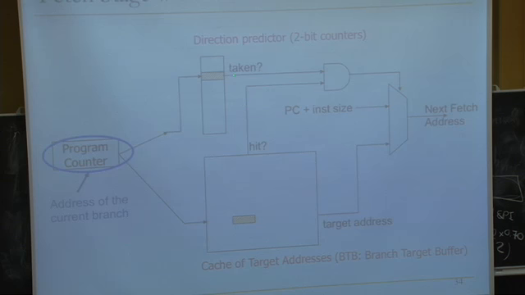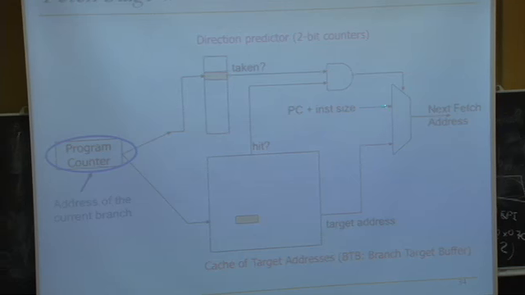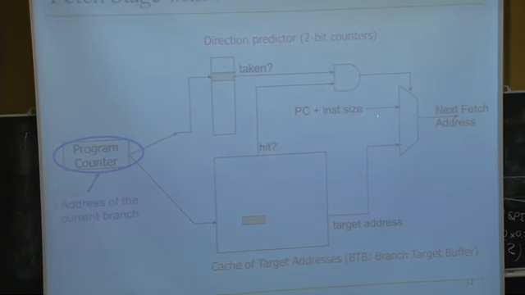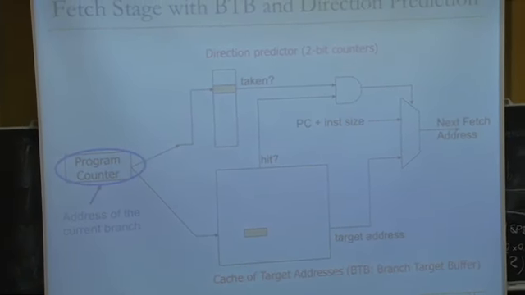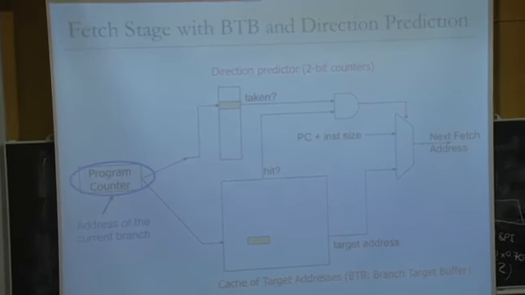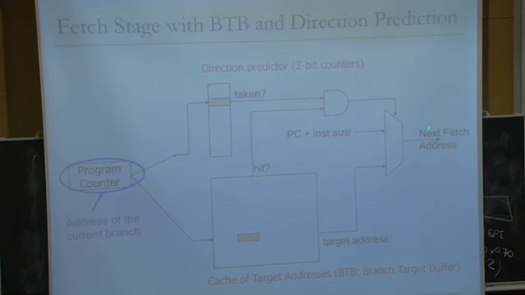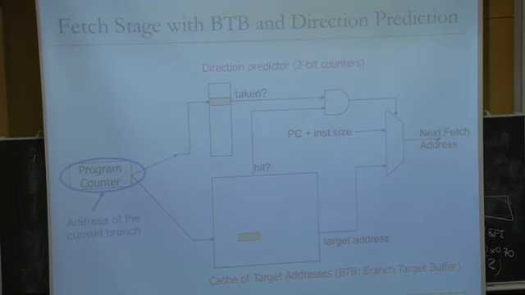If the branch is not taken, or the BTB was a miss and did not give you a target address, then the next fetch address should be program counter plus instruction size. Then you go to the fall-through address. And that's your predicted next fetch address. Does that make sense? So you predict the direction, predict the target, and pick the target or PC plus 4, let's say, as your next fetch address, depending on your prediction.